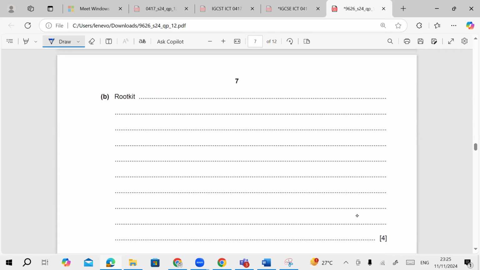A rootkit, again, is used. The reason why we call it a rootkit is that it gets access to the log files of the server and always hides its presence.